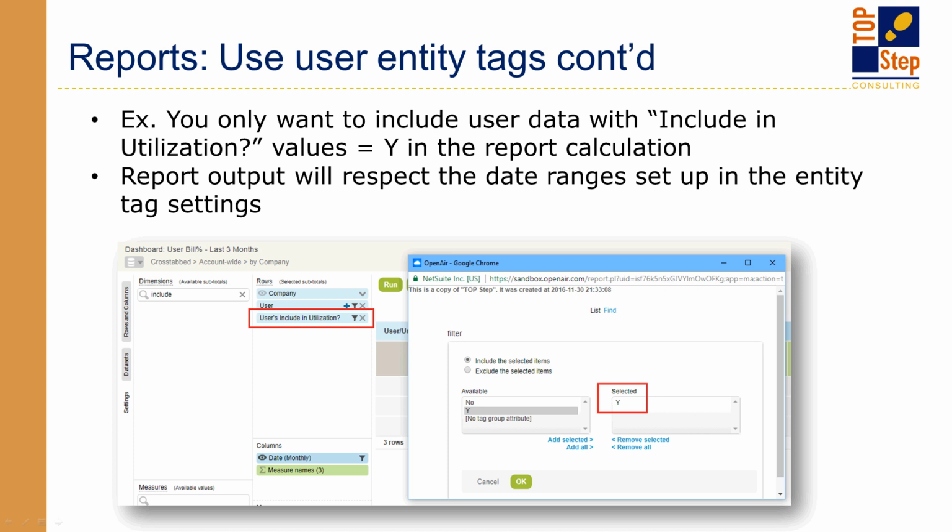We selected the filter, set it to yes, and we're going to say OK. Now, having done that, the report output is going to respect the date ranges that we set up in the entity tag settings for that user. To put it another way, our poor resource is not going to be arbitrarily dinged for poor utilization metrics when they shouldn't have even been measured in the first place.